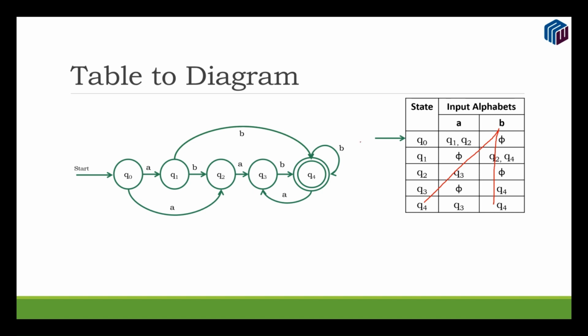Q4 to Q4 is called a self loop. So on B it is a self loop. This is how we draw the transition diagram by looking at the transition table. Hope that you all understand how to draw the transition diagram and how to identify a DFA and an NFA by looking at the tables, right?